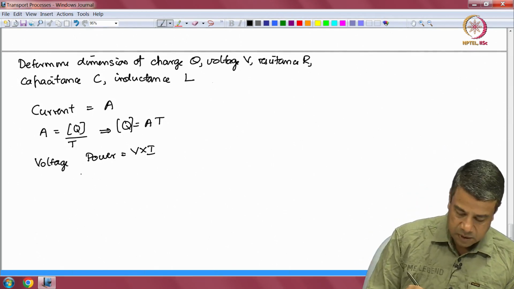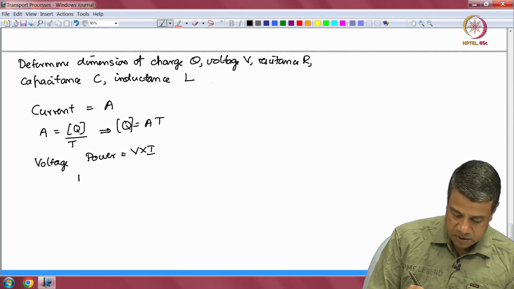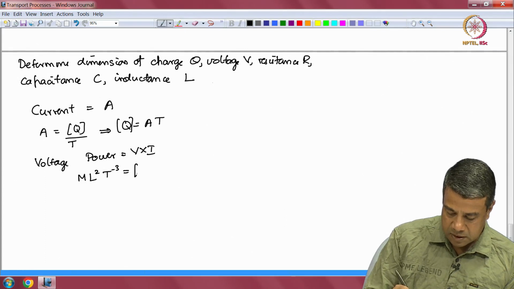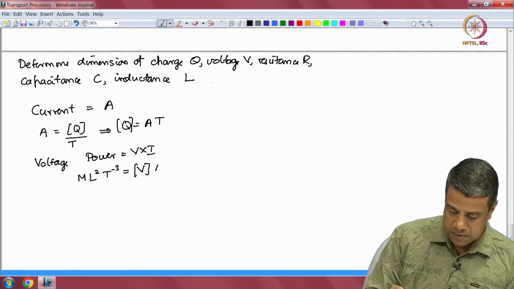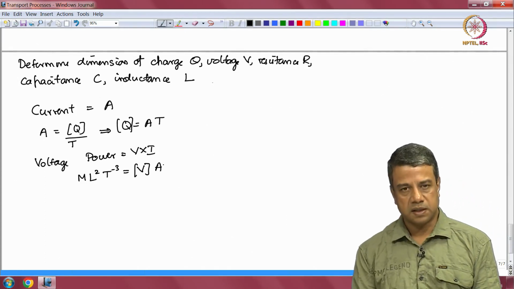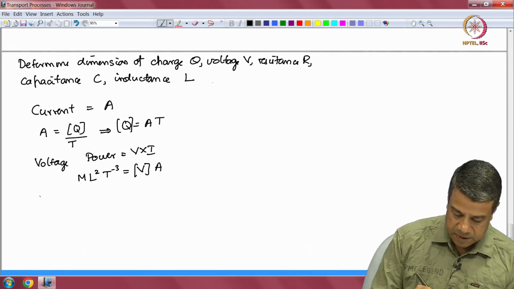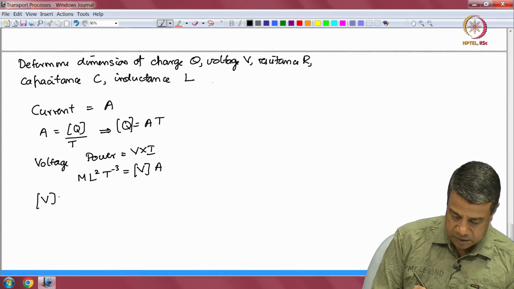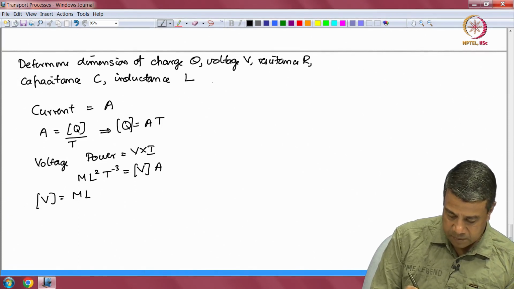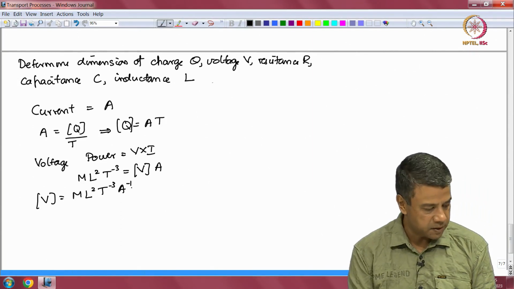Power is energy per unit time, which was mass length square t power minus 3, and that is equal to the dimension of voltage times the dimension of current, which is in amperes. Which means that the dimension of voltage is equal to M L square t power minus 3 A inverse. That is the dimension of voltage.